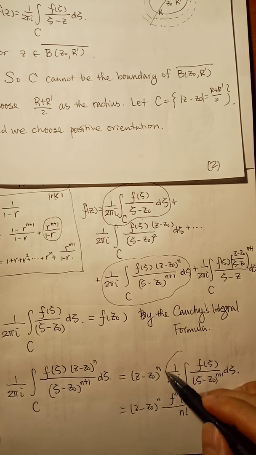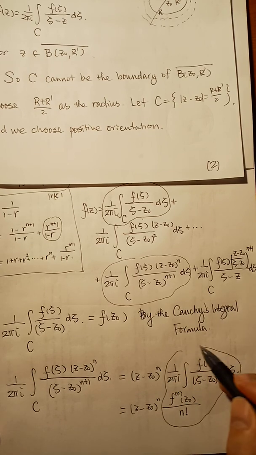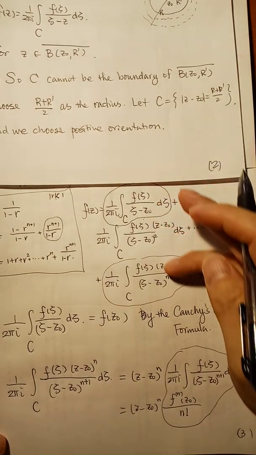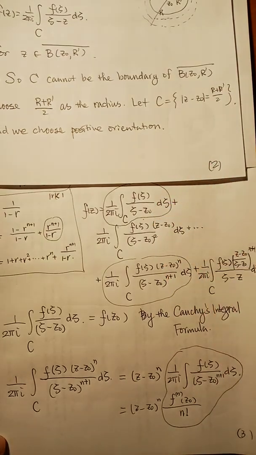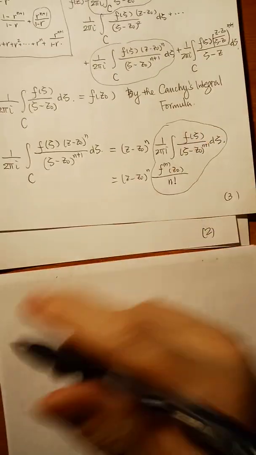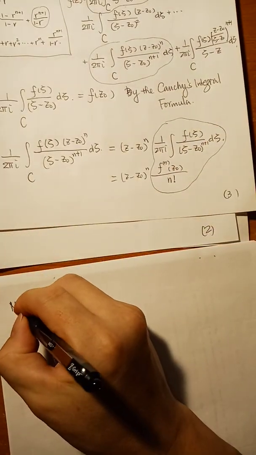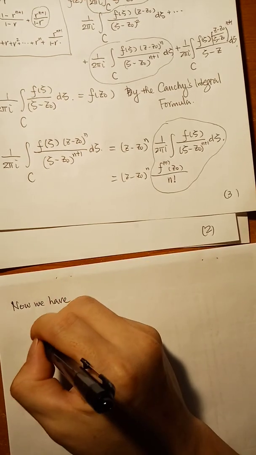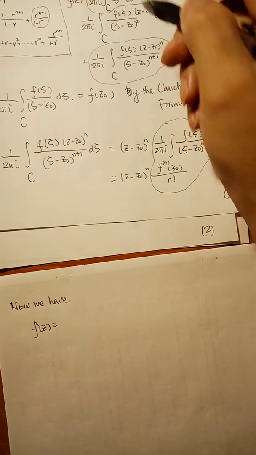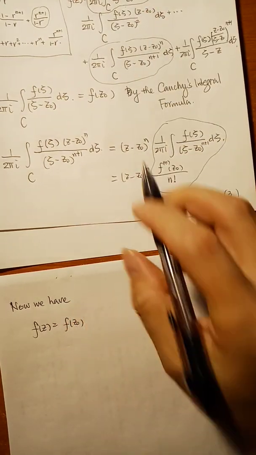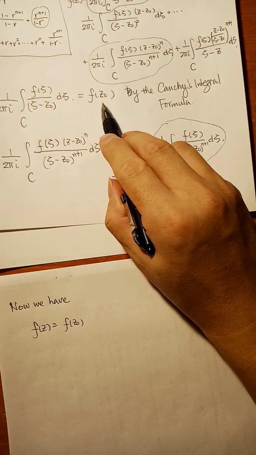Just this part. If you don't remember it, you can go back and check it. So what we have is the first n plus 1 terms. Now we have f(z) equal to the first term, f(z0). f(z0) does not have a derivative.